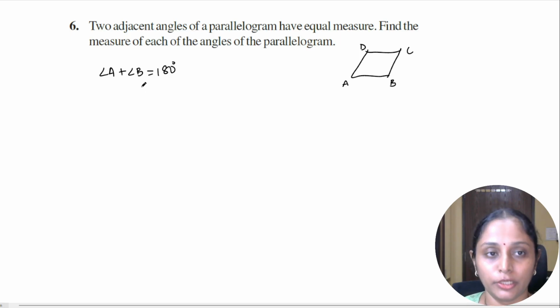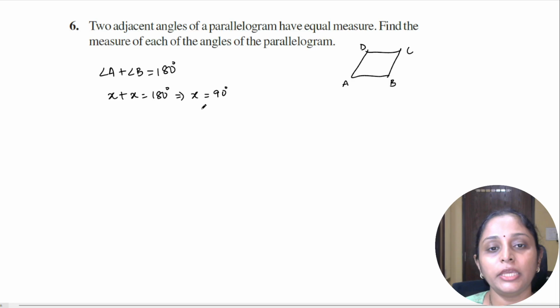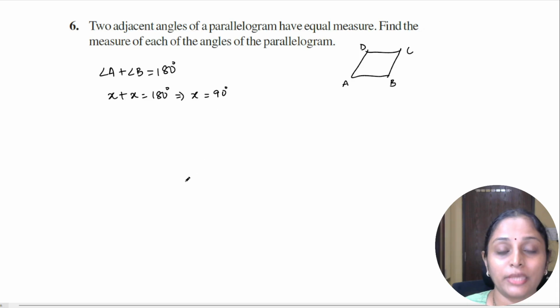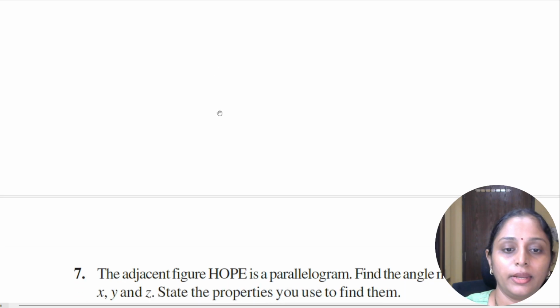Now, in this particular sum, these adjacent angles are equal in measure. So they're saying that each one is equal to x. Therefore, x plus x is equal to 180, which implies 2x is 180, which implies x is 90 degrees. So each of the angles is equal to 90 degrees. So that makes it a rectangle, or it could be a square also, right?